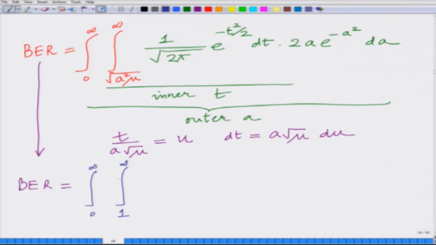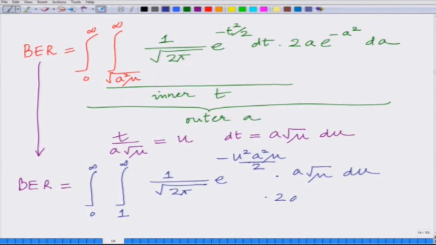Therefore, the integral limits are now changed to 1 to infinity, 1 divided by square root of 2 pi e raised to minus, now t is u A square root of mu, so this is minus u square A square mu divided by 2, times, now we have dt, dt is A square root of mu times du, times 2A e raised to minus A square dA.